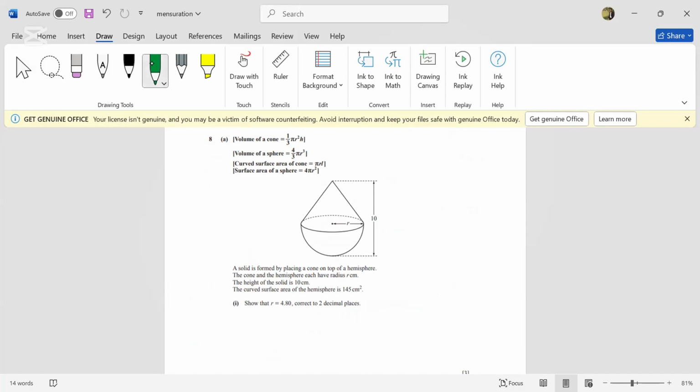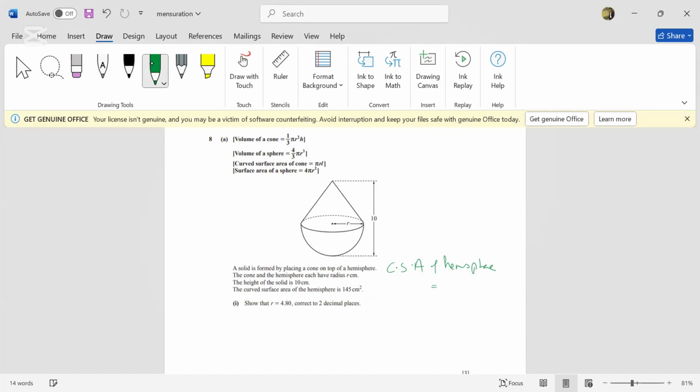Okay, let's carry on. It's a cone and a hemisphere. We have to show the radius. Let's see what is given to us. We are given the curved surface area of the hemisphere. So we will start with the same thing. The formula for CSA of hemisphere will be 2 pi r square.